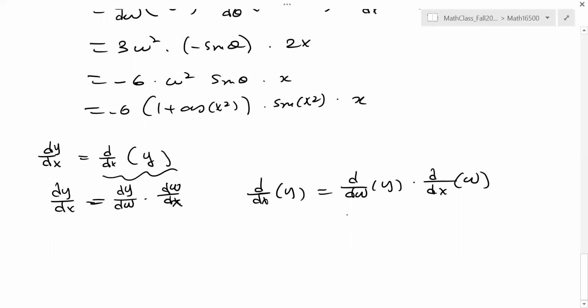But here you cannot say dw cancels out, right? So dw on the left hand side has a different meaning. These two are essentially the same, just notation.